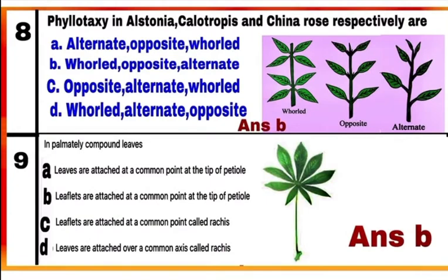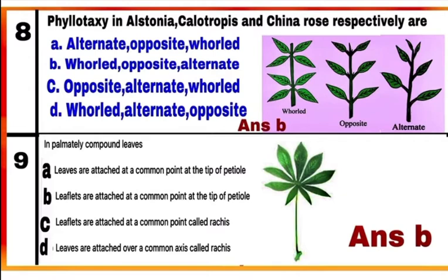Mark it as the correct answer. Question number 8. Phyllotaxy in Alstonia, Calotropis and China rose respectively are. Option B is correct. Let us see first what phyllotaxy is. See the diagram for this. Phyllotaxy is the pattern of arrangement of leaves on the stem or branch. You can see 3 types of phyllotaxy. First, whorled, where more than 2 leaves arise at a node. Example is Alstonia.